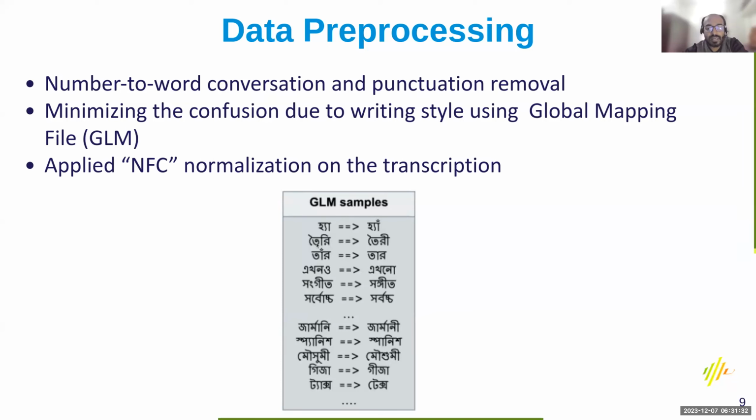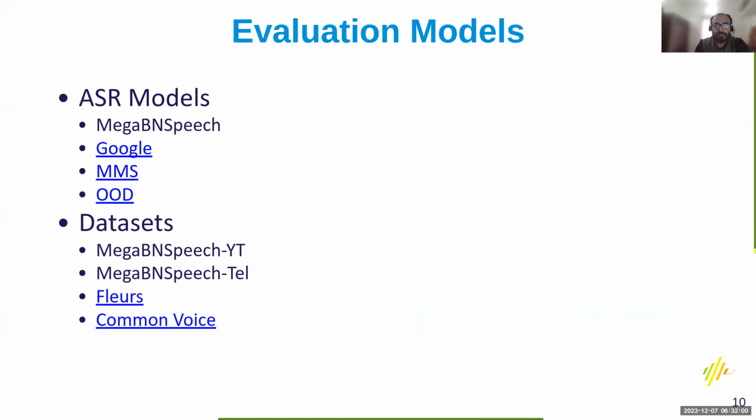For example, there is the word Chowdhury. The pronunciation is the same, but the writing style is different, with a difference of one character in the word. We also use some common techniques like number to word conversion and punctuation removal during WER calculation, and NFC normalization is used on the transcription text set.